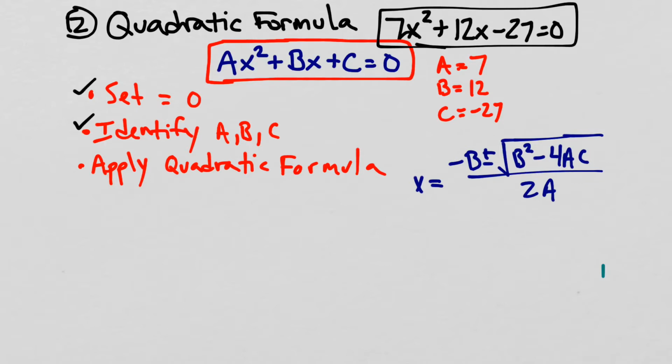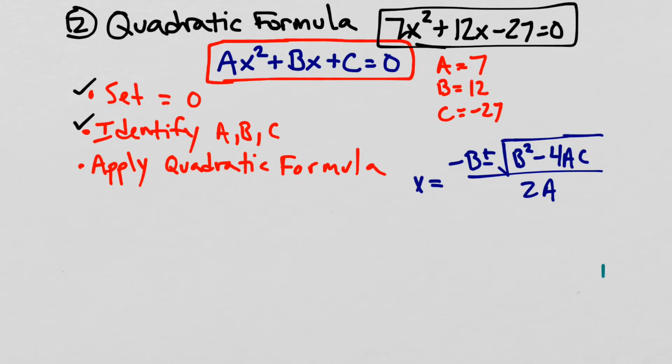Now, there's not really a nice way to remember this formula, but it does solve any type of problem, whether the problem factors or doesn't factor. The breakdown of the quadratic formula does come into context later on in algebra.